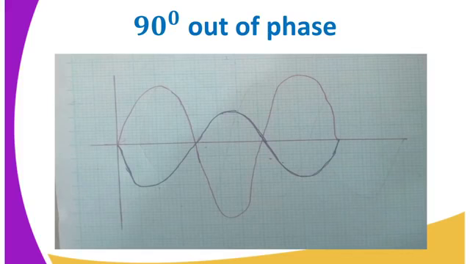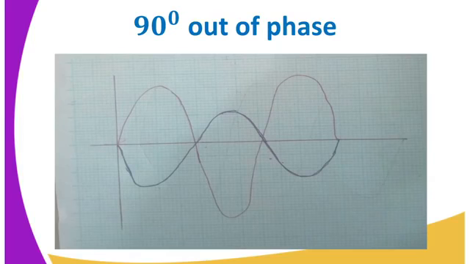When we say 90 degrees, the amplitude should be half the amplitude of the original wave motion, so you reduce the amplitude by half. That is the first thing you are supposed to do. Number two, the two wave motions should travel with the same frequencies. As you can see here, the two wave motions travel with the same frequencies, but now they are out of phase.